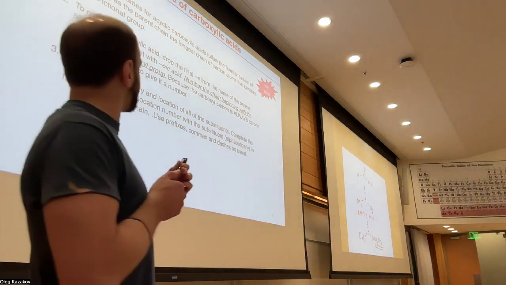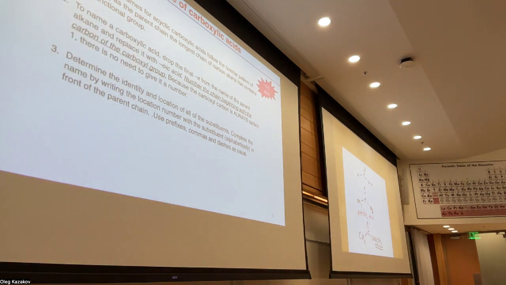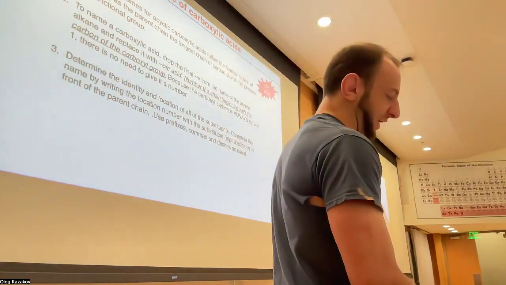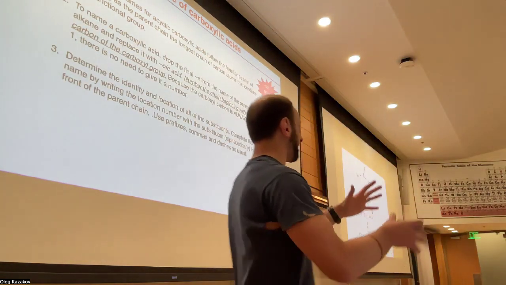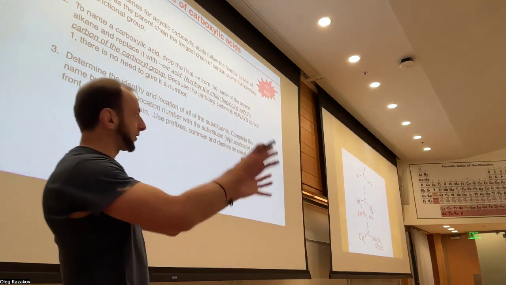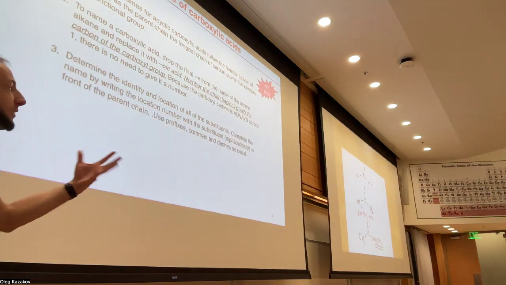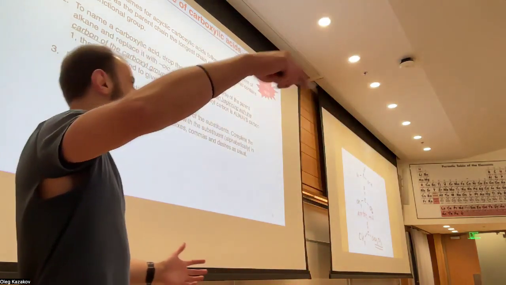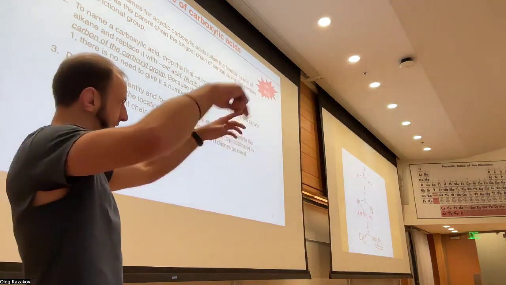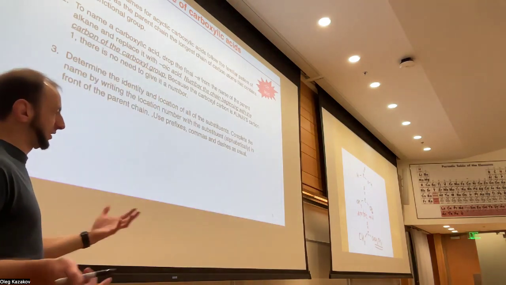Now let's look at some things. The carboxyl carbon is always number 1. If you look at the acid structure, you cannot put this carboxylic acid somewhere in the middle like a ketone. A ketone can be in the middle of the molecule, or closer to the end. An aldehyde, as you recall, can only be on the terminal carbon of a chain in an organic molecule.